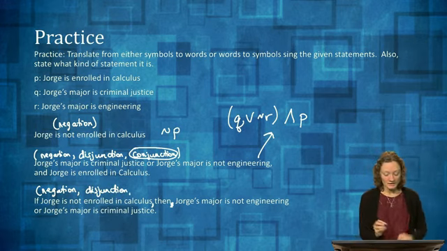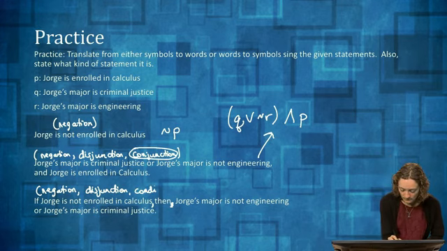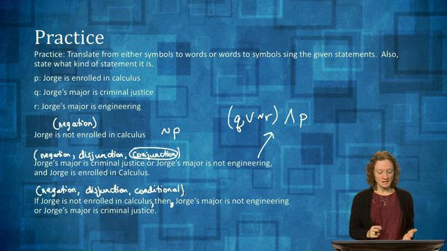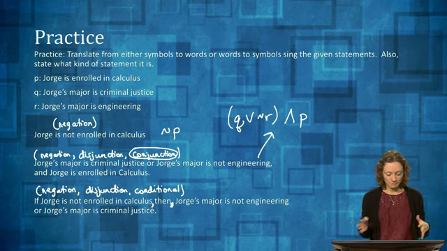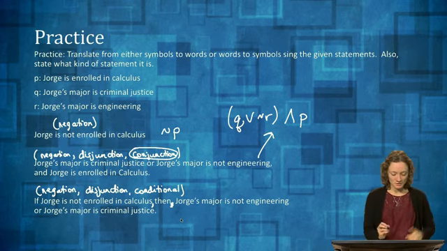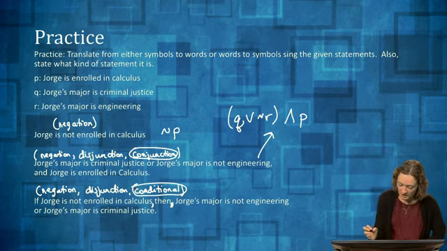And I see an if-then, so a conditional. And then decide what's the main idea of the sentence. Is the main idea if this, then something else? Or is the main idea this or this? Big picture, it's the if something, then something else.